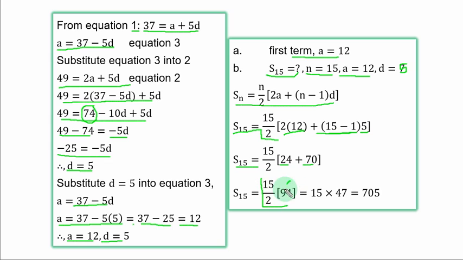You can divide 94 by 2, and you have 47 times 15, and that is 705. So 705 is the sum of the first 15 terms of an AP whose first term is 12 and the common difference is 5.